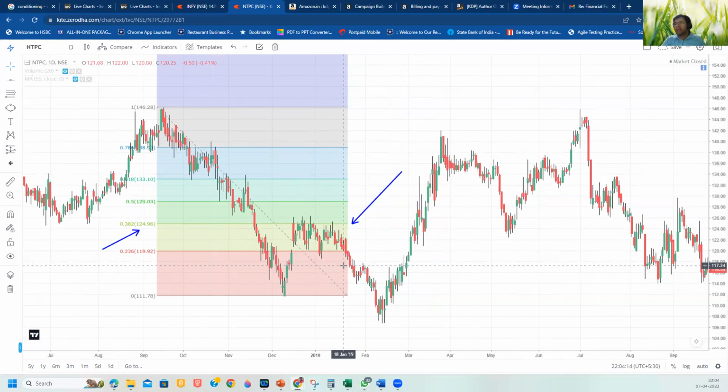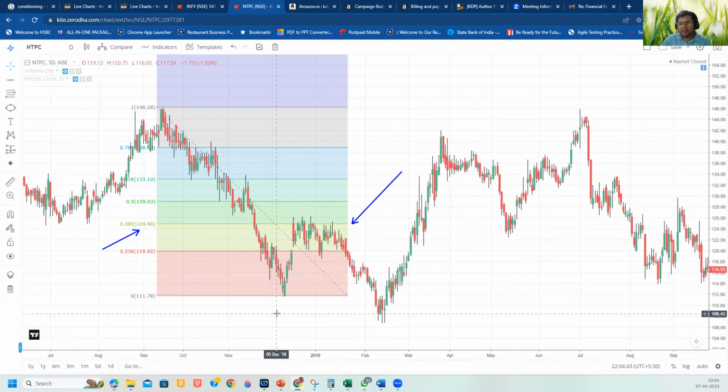position to exit. In that scenario, if a bounce back is happening till 23% or 38%, you just keep an eye, even till 50%, because till 50% it is treated as a healthy retracement. That means it is normal or natural that any falling stock can bounce back till 50% and then go further down.